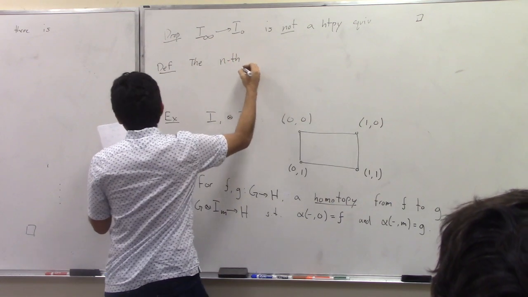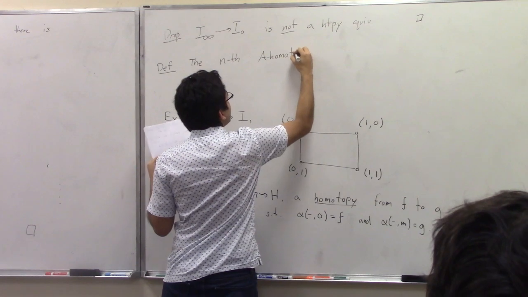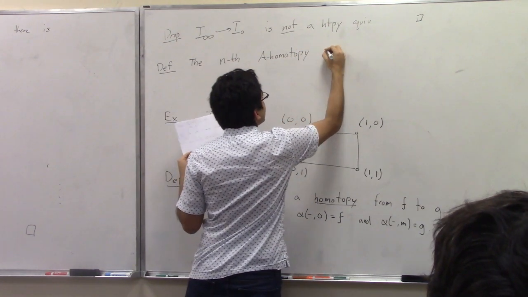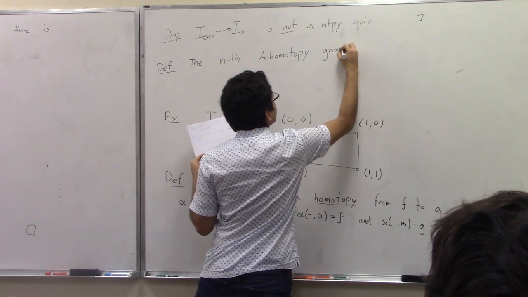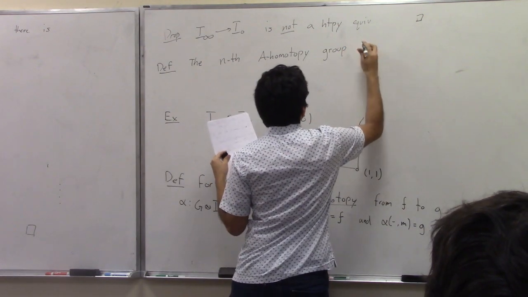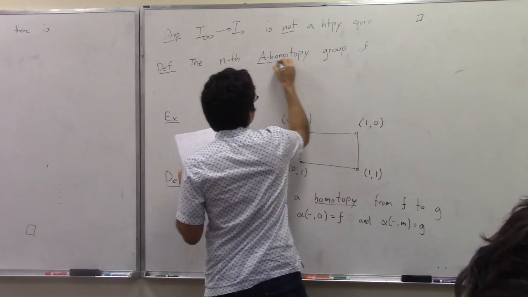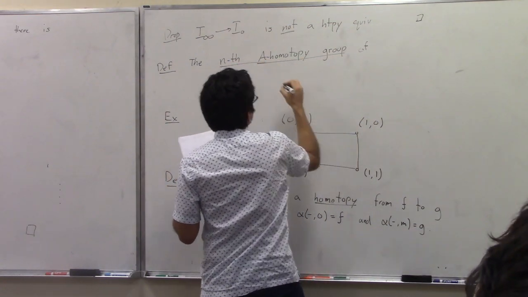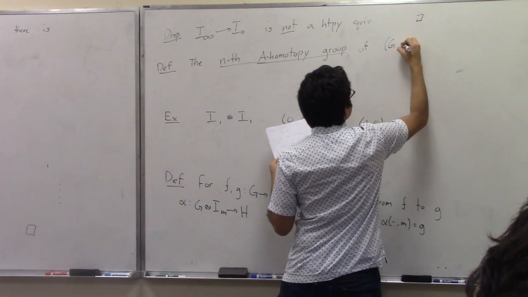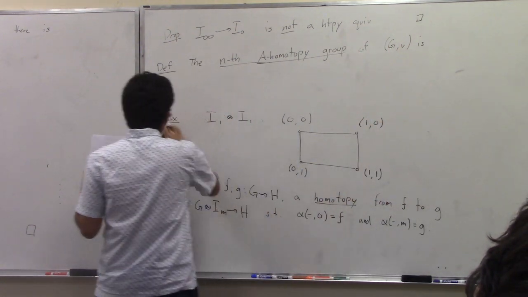So I'll say the nth A homotopy group, and they're called A homotopy groups to distinguish them from homotopy groups of topological spaces. So the nth A homotopy group, maybe I'll highlight nth, of a pointed graph (G, v) is going to be the following.